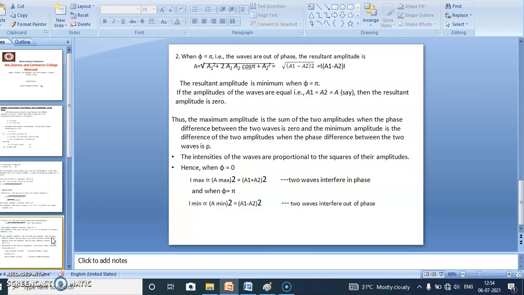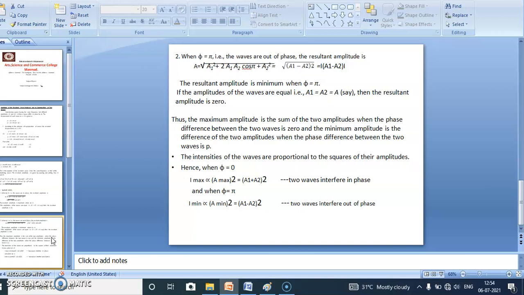So this becomes under root (A1 minus A2) whole squared. Square and square root get cancelled, so this becomes mod of A1 minus A2. Okay, and this is the minimum amplitude of the resultant wave when phi is equal to pi.